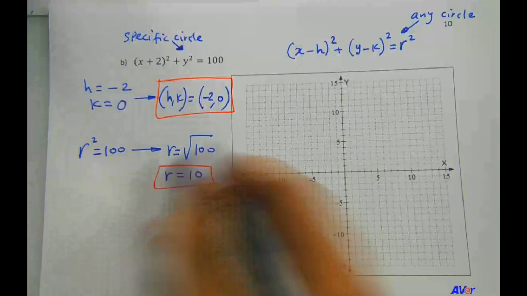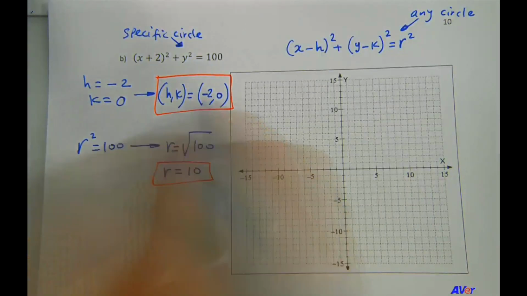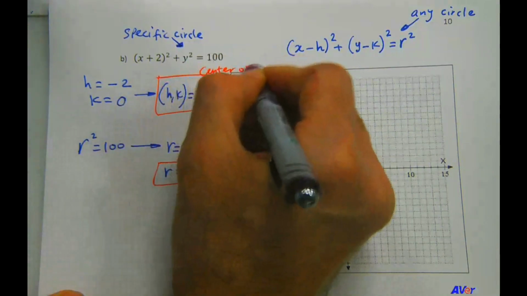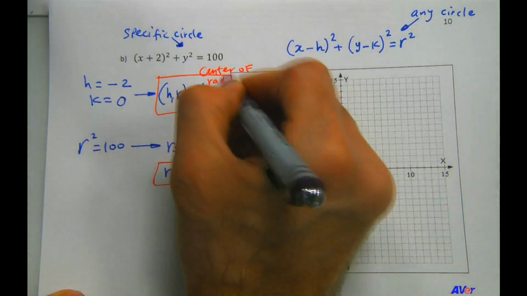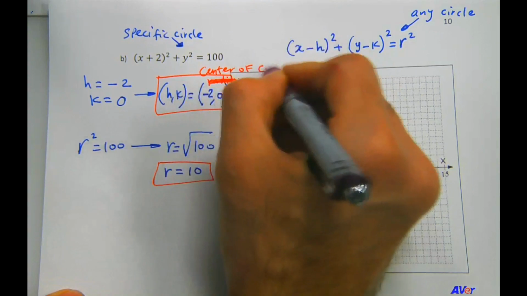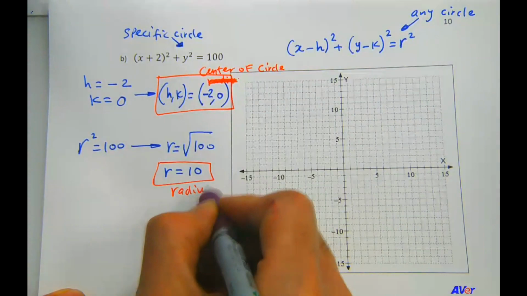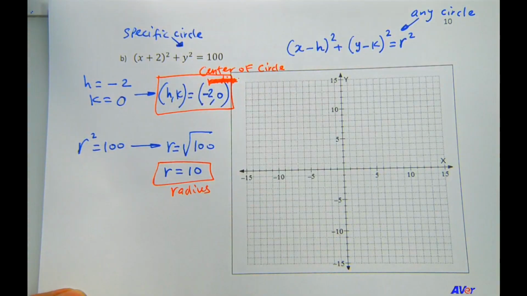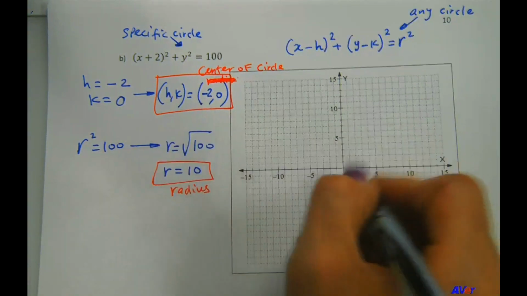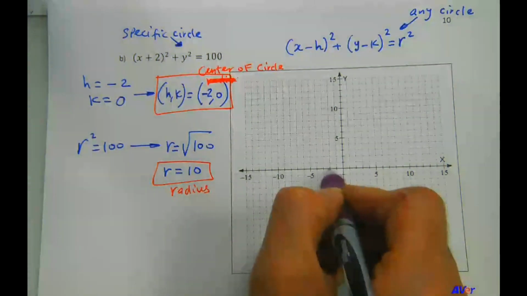That's the radius. Okay? So this is the center of the circle, and this is the radius. The center is at -2 comma 0. -2 would be here and 0. -2 comma 0 is right here.